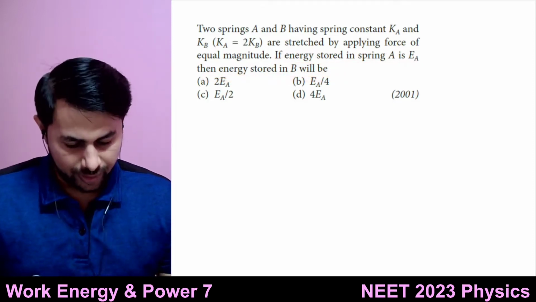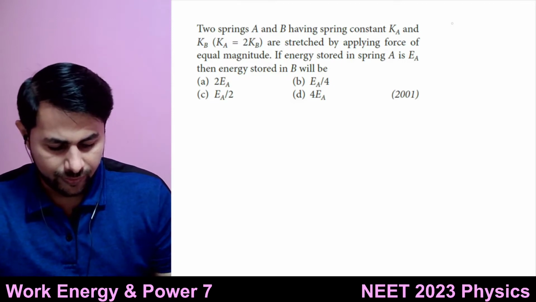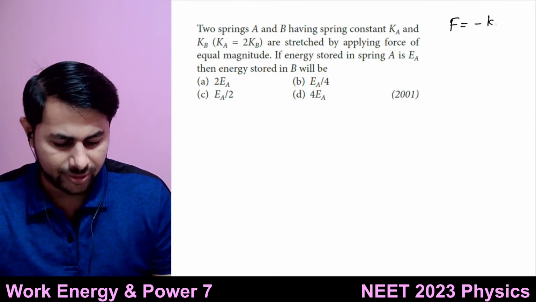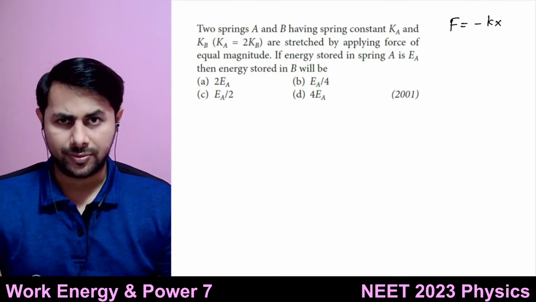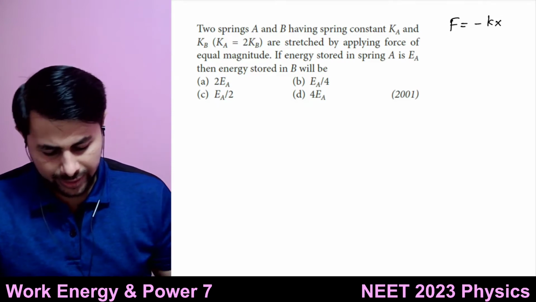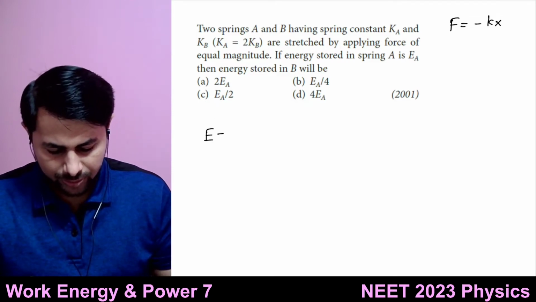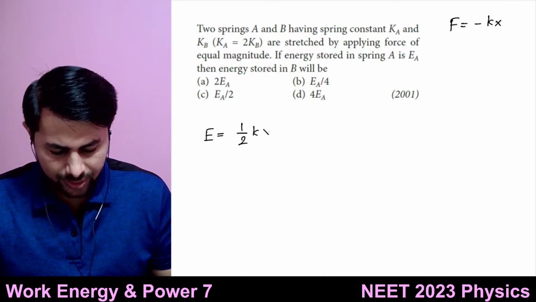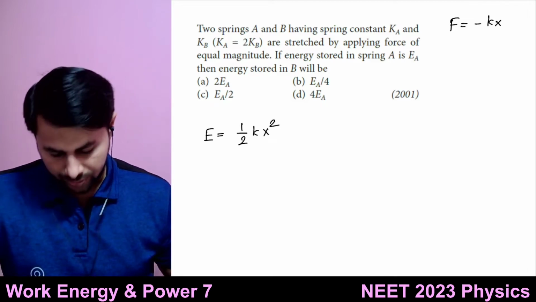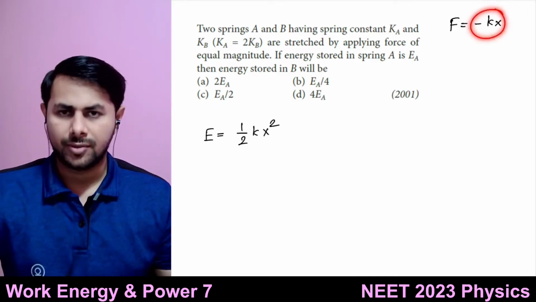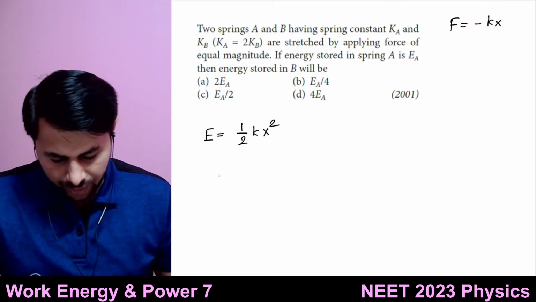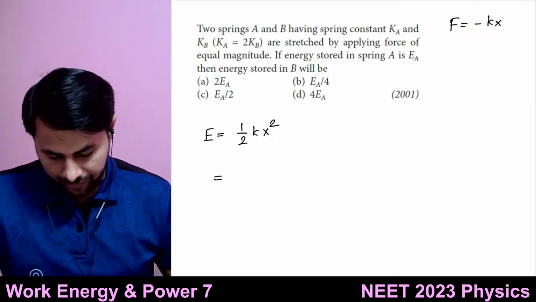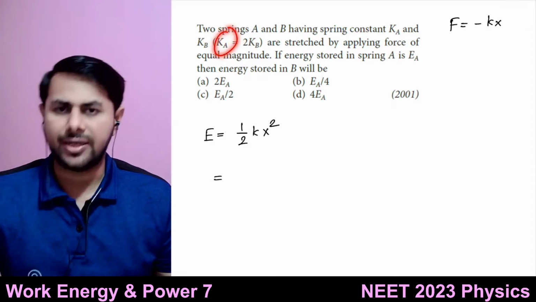Okay, see. So the spring force is minus K into X, in magnitude, right? Now energy stored, we have this formula, half of K into X square. Because force is equal, I will bring force into this formula. I am given K, right?